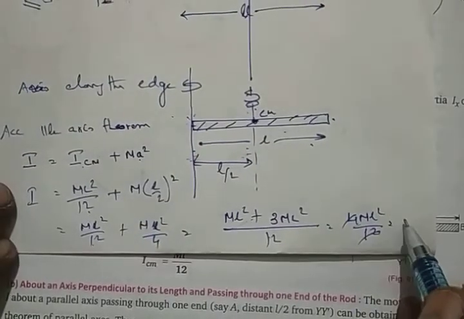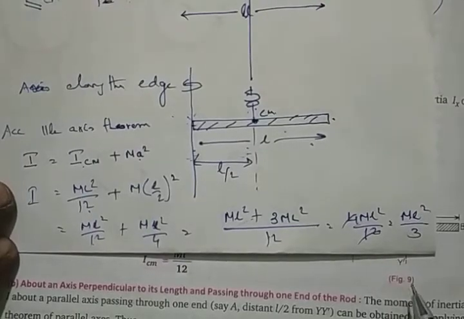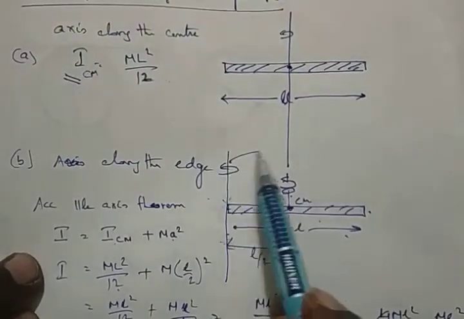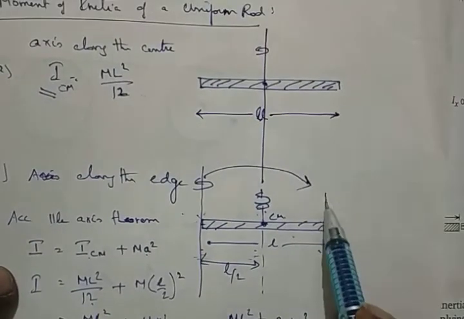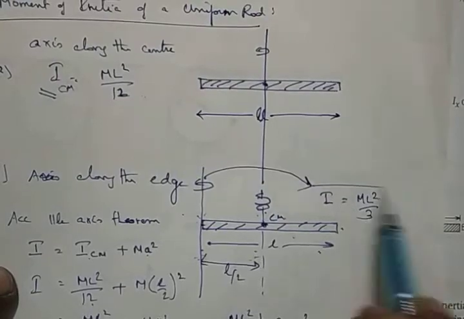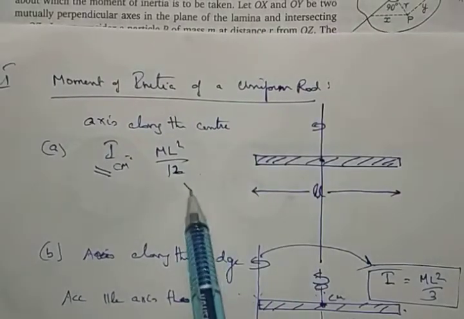Cancelling out, you will get here ml square by 3. Now what is ml square by 3? If you rotate like this in this axis, the moment of inertia is going to be equal to ml square by 3. Same thing if you rotate here.